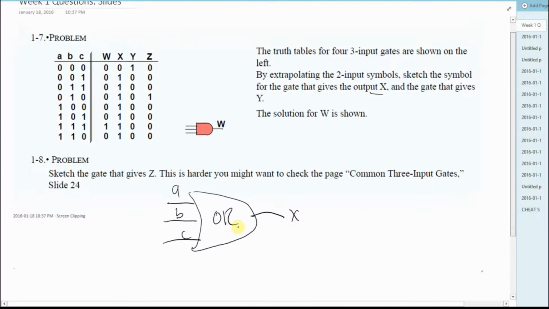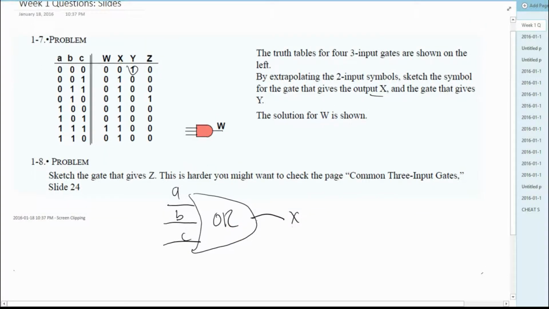So let's go on to Y, and we notice that Y is only true when all of A, B, and C are 0. Well, if A is 1, then you just call it A. But if A is 0, then you call it A naught.